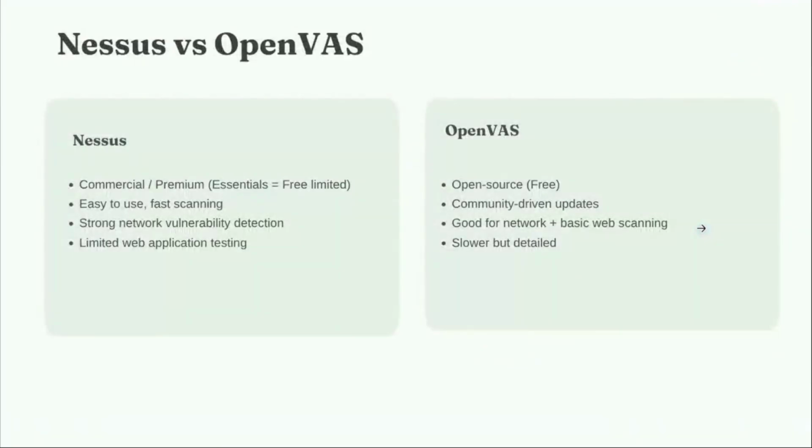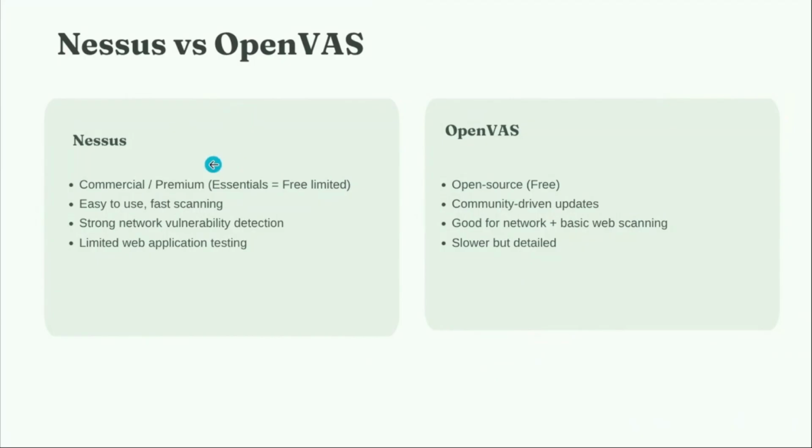So Nessus is a comprehensive tool. It supports commercial, premium and essential versions. Essentials is what students, beginners and startups use. Nessus Essentials is free, but only limited features are available. With the premium commercial version, we can access much more.